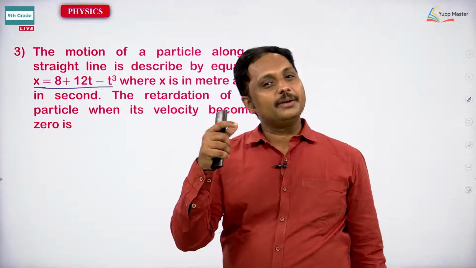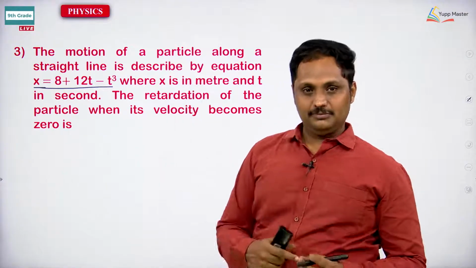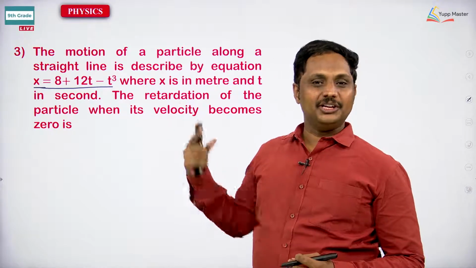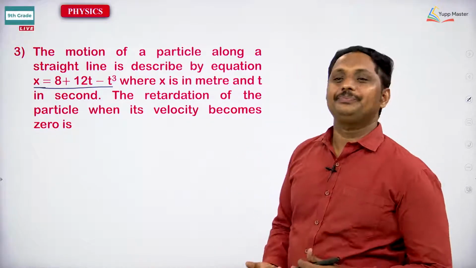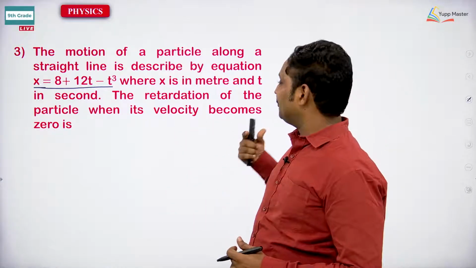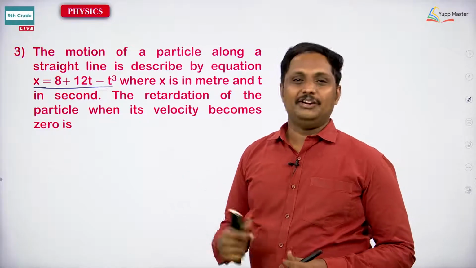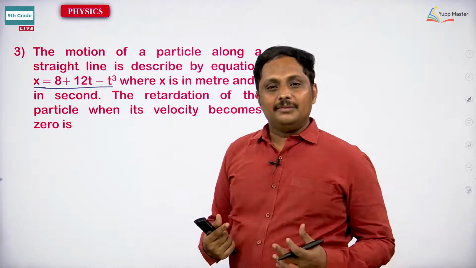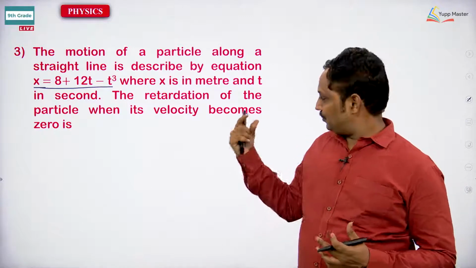So, the position of a particle has been expressed as a function of time, that is 8 plus 12t minus t cube, right. What are they going to ask you? The retardation of the particle when its velocity becomes 0. That retardation is nothing but the acceleration being negative, it is very clear. Just go ahead and solve this problem.